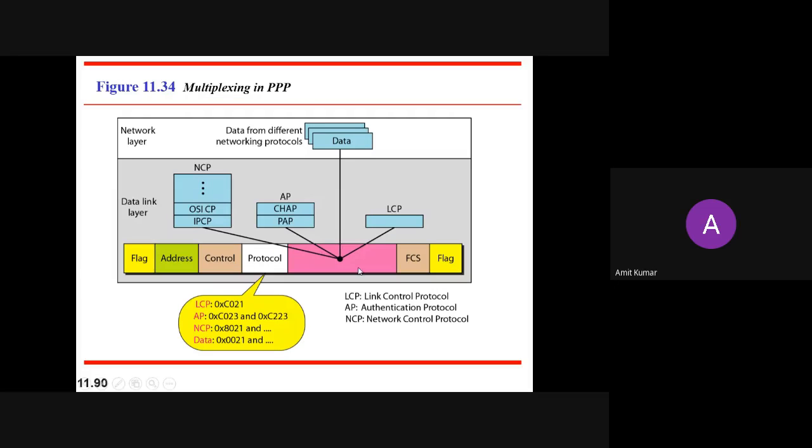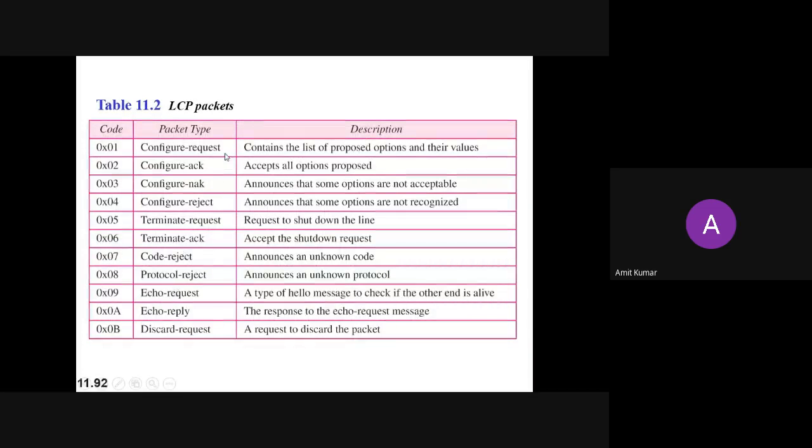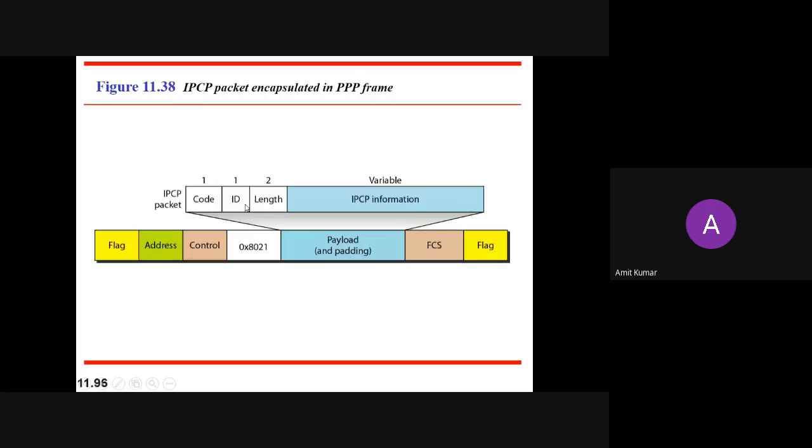So we are using PAP, password authentication protocol. You can use other protocols here. So here, for example, we are using PAP and the NCP, network control protocol. So we are going to see how it is going to be used, following this pattern only. So we are going to configure the request and all those things will be there.